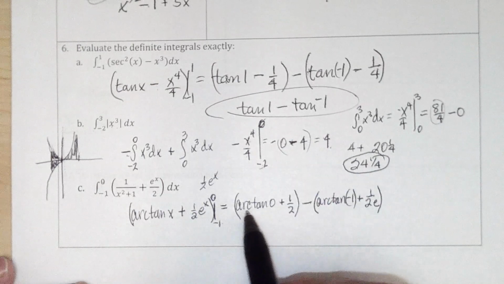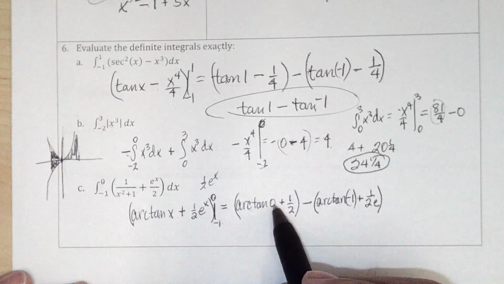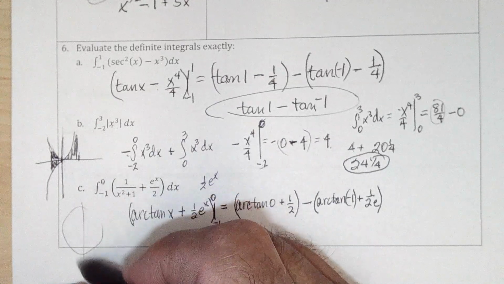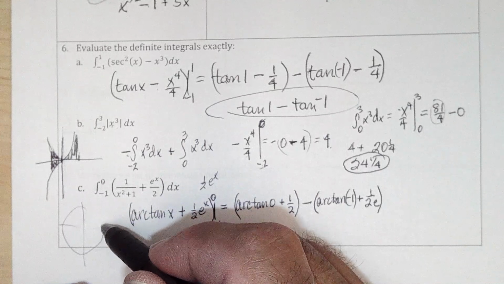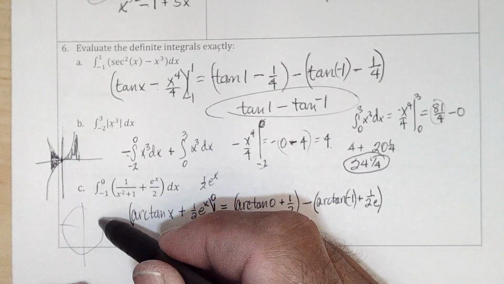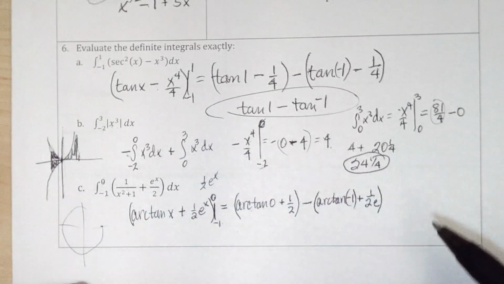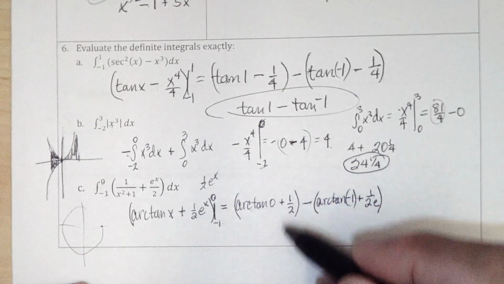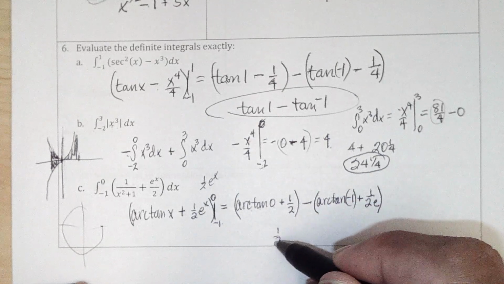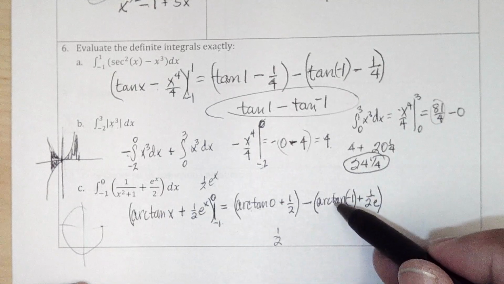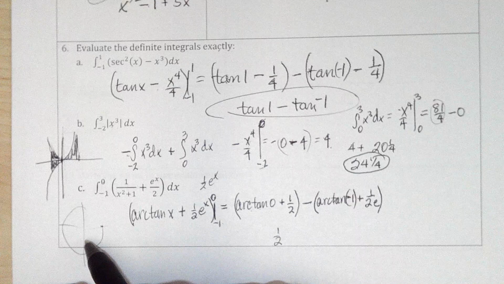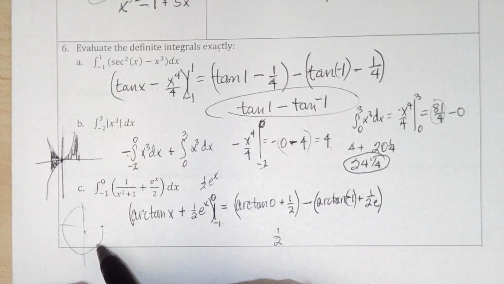Now, you didn't have to, you could have left it there, but arc tangent of 0. What angle has a tangent of 0? Well, the y has to be 0 because it's sine over cosine, so it's right there, which is 0 radians. So we got 0 plus 1/2, or 1/2. And what angle has a tangent of -1?